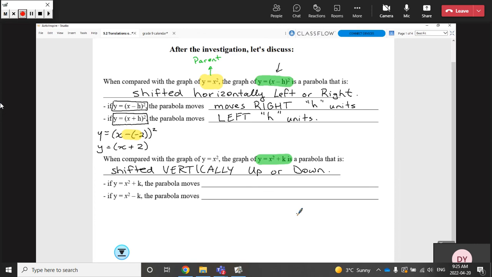And these ones are a little bit more friendly. When it's plus k, we're like, oh yeah, the parabola moves up k units. And when it's x squared minus k, this moves down k units.